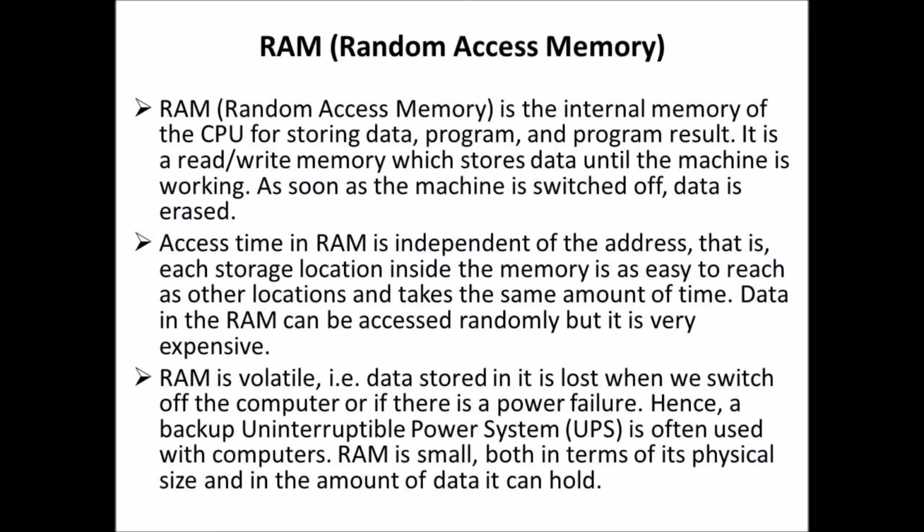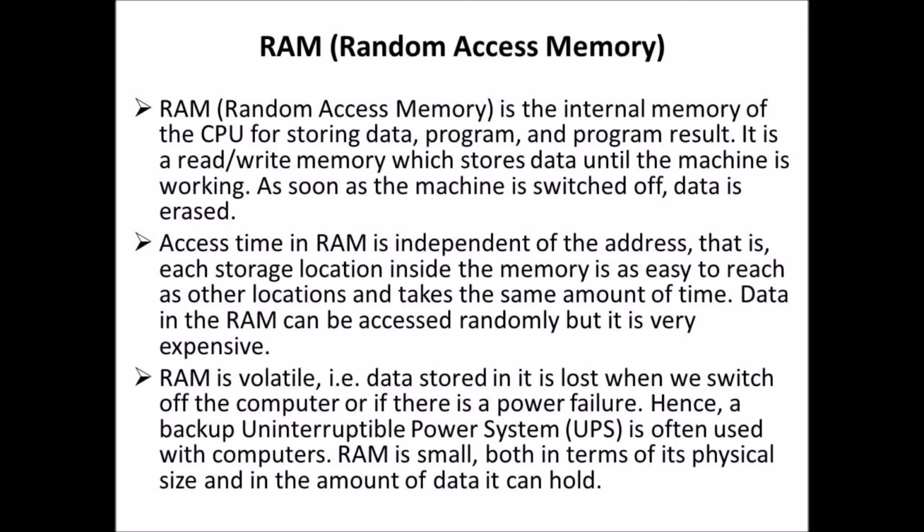Access time in RAM is independent of the address, that is, each storage location inside the memory is as easy to reach as other locations and takes the same amount of time. Data in the RAM can be accessed randomly, but it is very expensive.